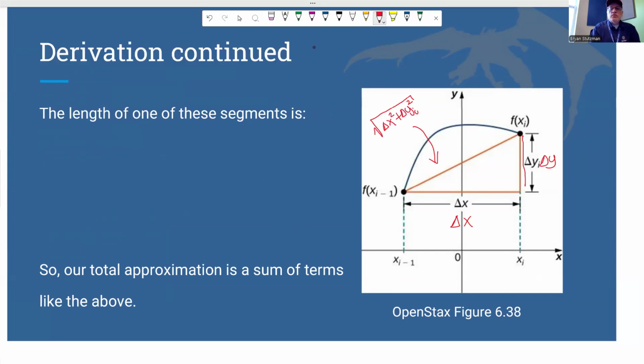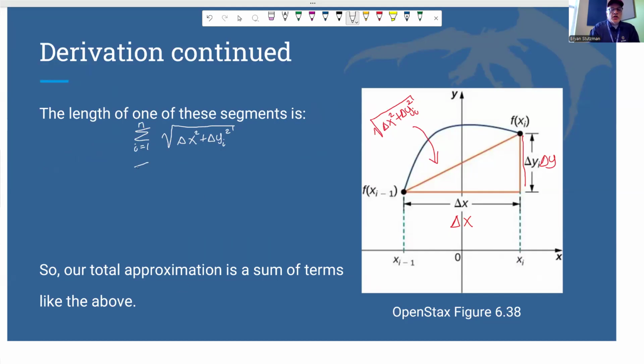Let's look at this calculation a little bit more. For just this one little piece, it'll be the square root of delta x squared plus delta y sub i squared. I'm going to add them up over all of the i's, all of the little pieces we broke it up into.